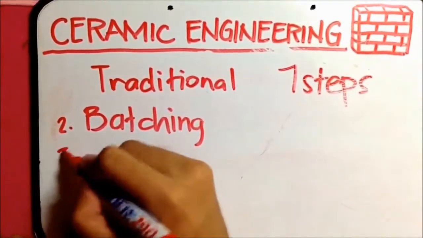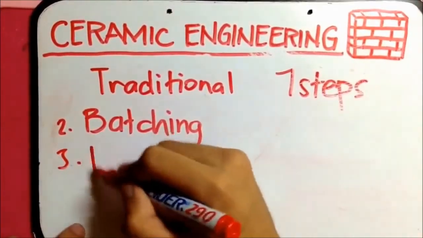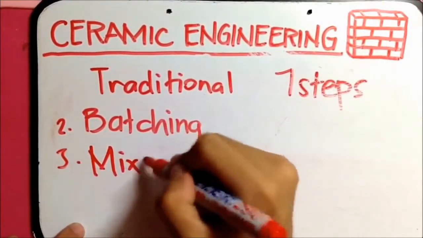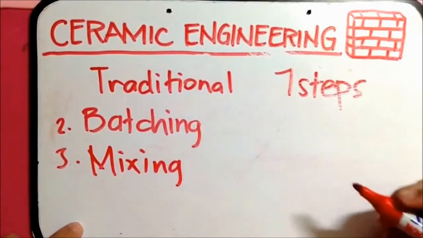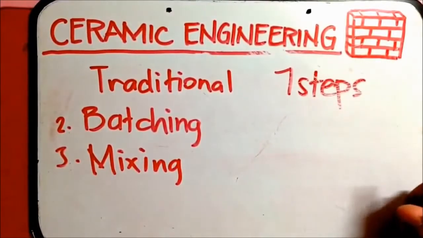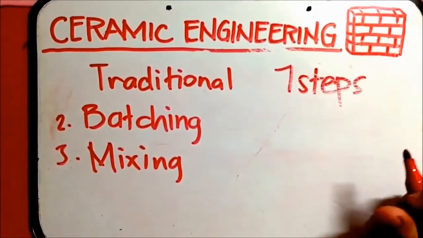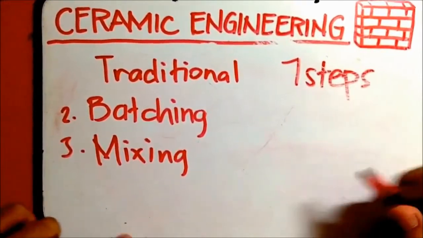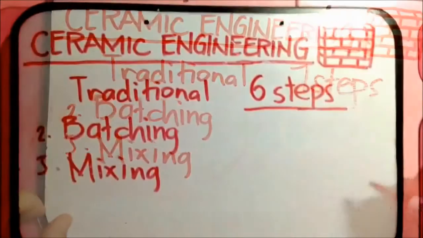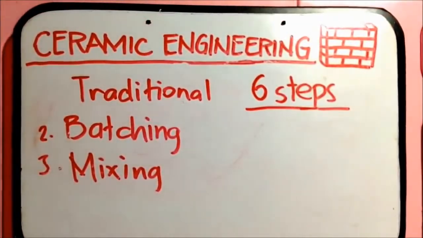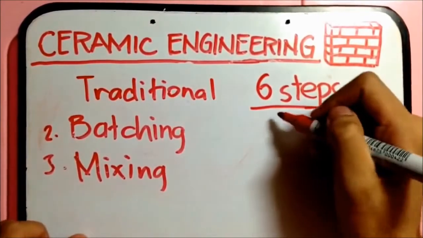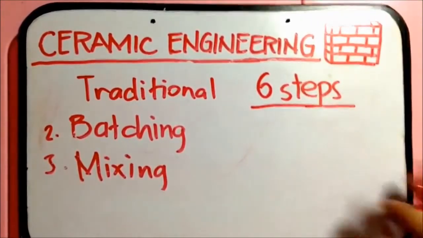Then the third is mixing. Mixing the raw materials and the oxide. It is either dry or wet. Sorry about earlier. It was 6 steps, not 7 steps. So let's continue.